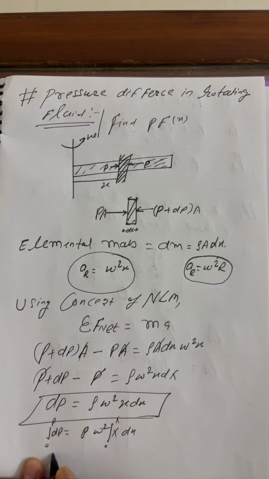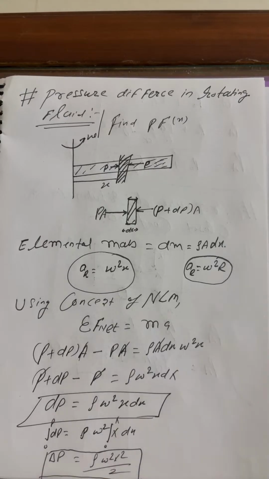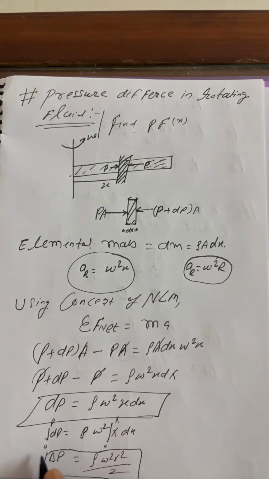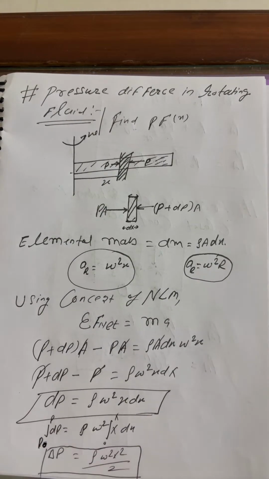Finally you get delta P equals rho omega square x square by 2. In fact, you can't take 0 here, because this is in touch with the atmosphere, so logically you take P naught here.